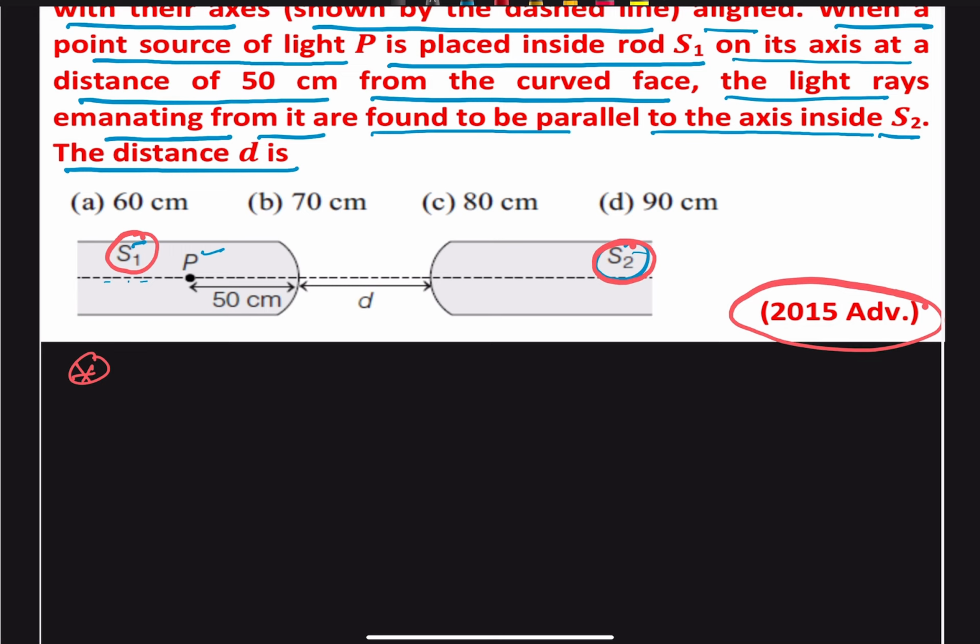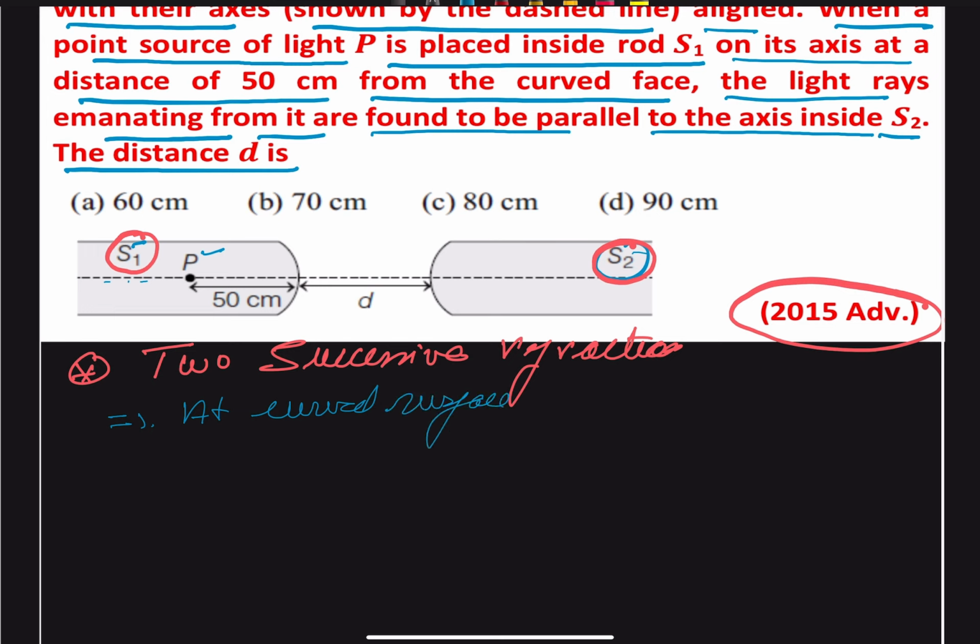So we have two successive refractions. First one is at the curved surface of S1, and the second one is at the curved surface of S2.